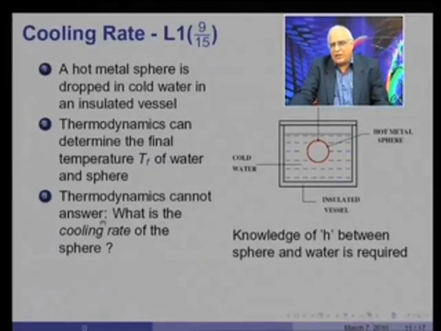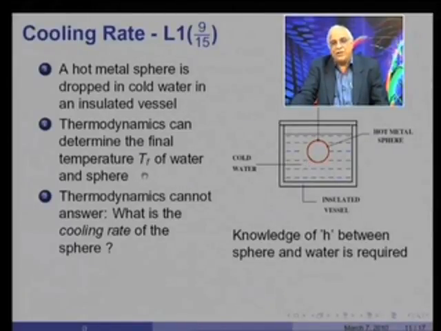Thermodynamics, however, cannot answer the question, what will be the cooling rate of the sphere? In other words, what will be the rate of change of temperature with time of the sphere, nor can it readily determine how long it will take to reach T_f, the final temperature.